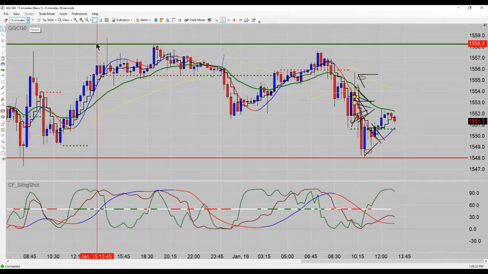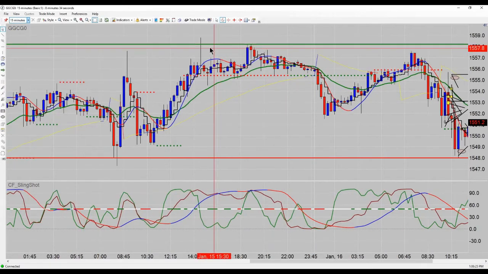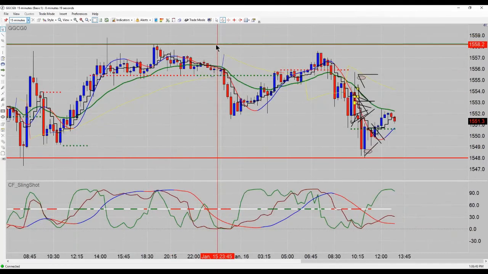Well, here we have the high of the day today. Is this a 15-minute chart? The high of the day I show at 1558.2, but I see a wick up there at 1558.7.